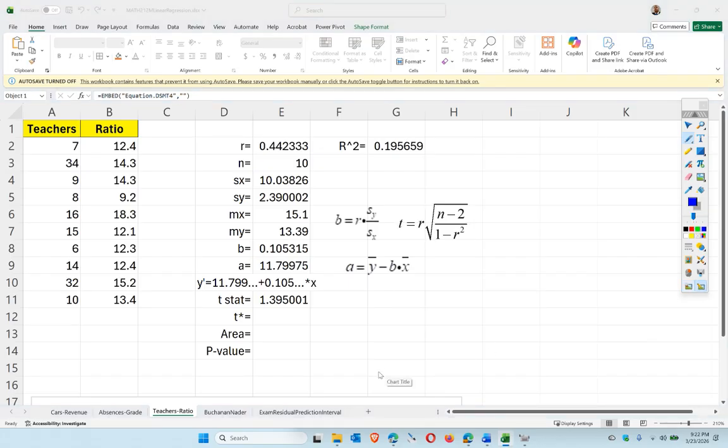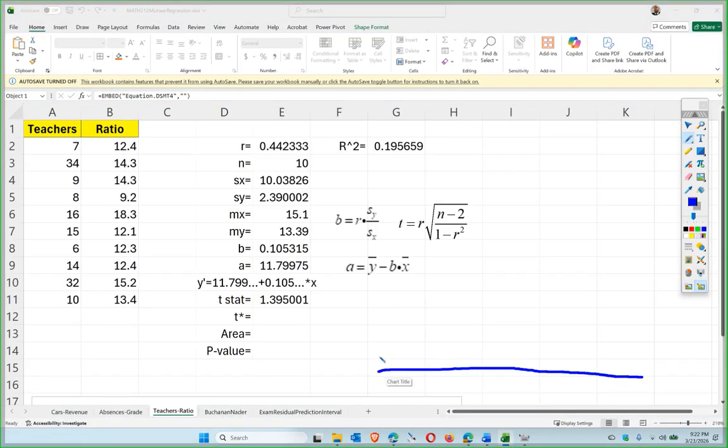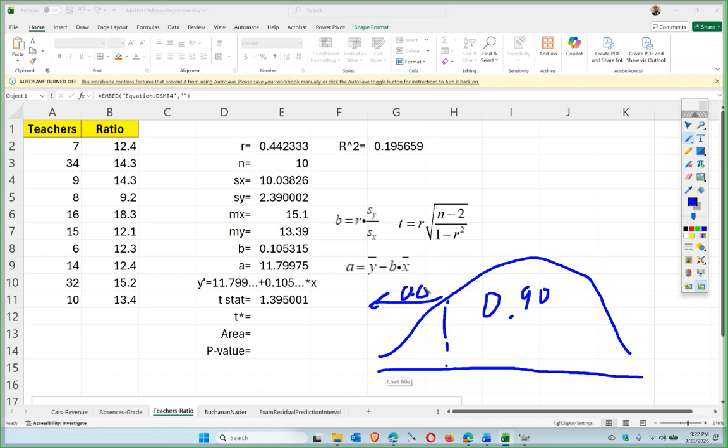Right? I'm going to get 90 here, and I'm going to get this area is 5% here, and this area is going to be 5% here, right? This is our t alpha divided by 2, right?